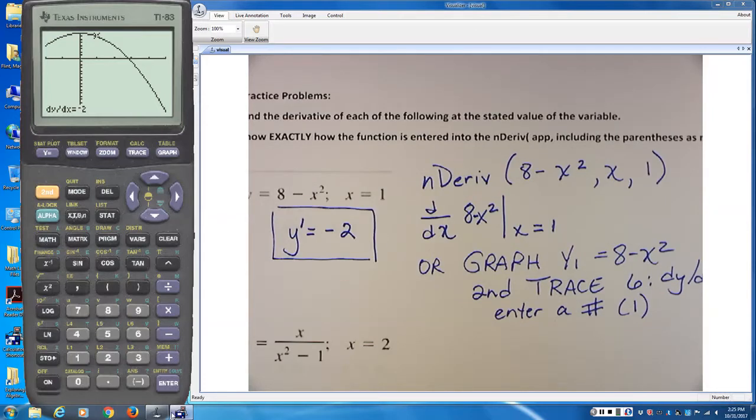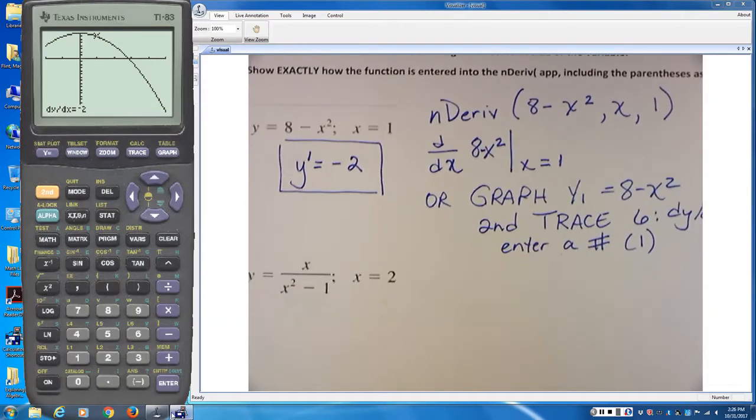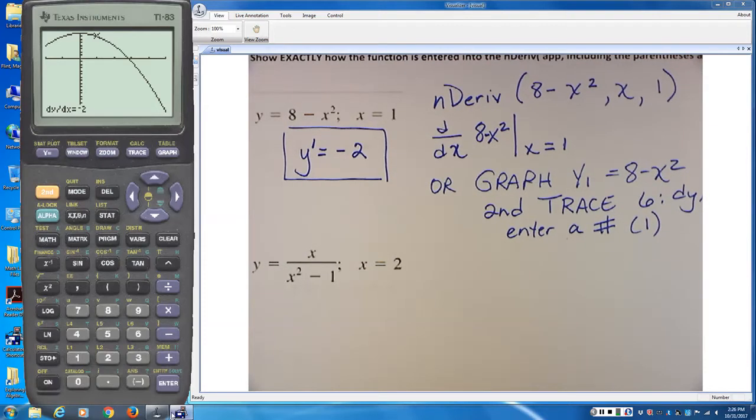So there's your instructions for how to do that one. Now I'm not going to write down the instructions every time for you, because once you've got them written down once, you should be good. So if we're going to do x over x squared minus 1, actually let me do this.